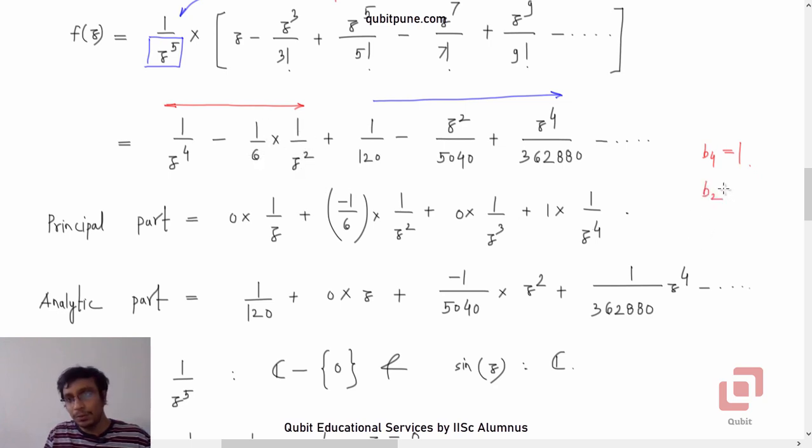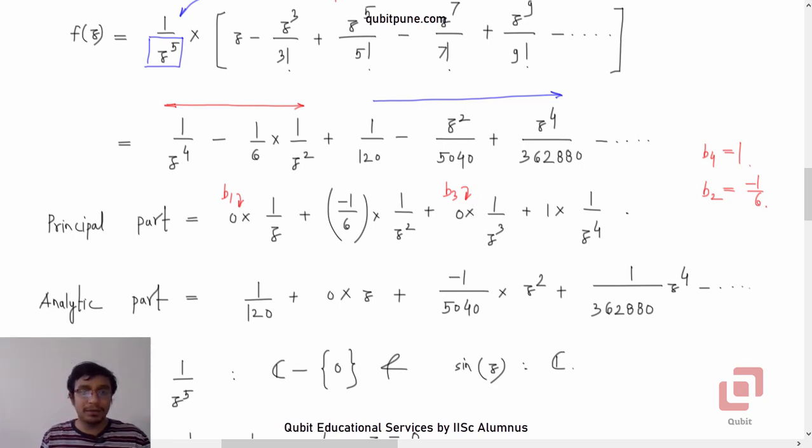So b2 is negative 1 upon 6. All other bn's are equal to 0. So this is b1, this is b2, this is b3, which is 0, and b4 is 1, and all other terms are 0, for all values of z.